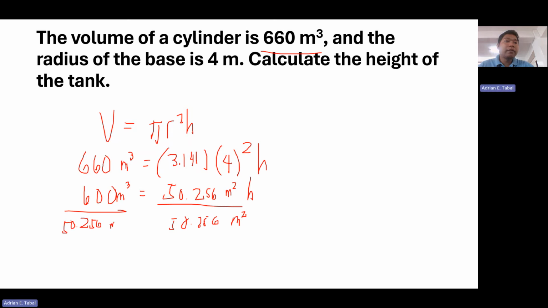So height is equivalent to 660 divided by 50.256. That's 13.13 meters. So I will recheck question number one.